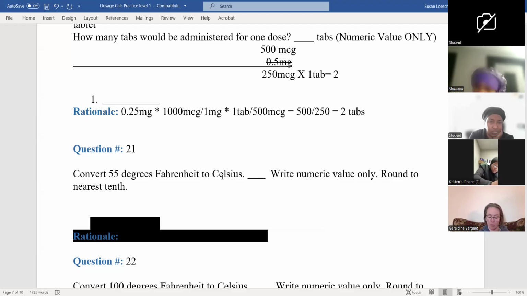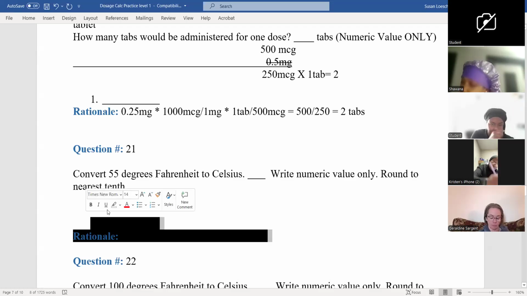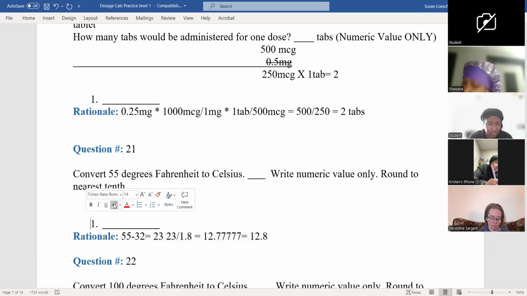That helps remind me that I need to subtract first, then divide. And then you had to round it. Don't forget that part.